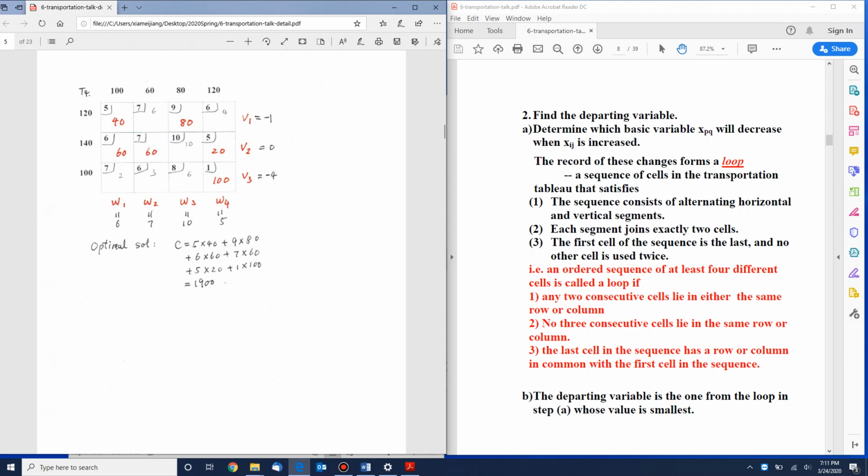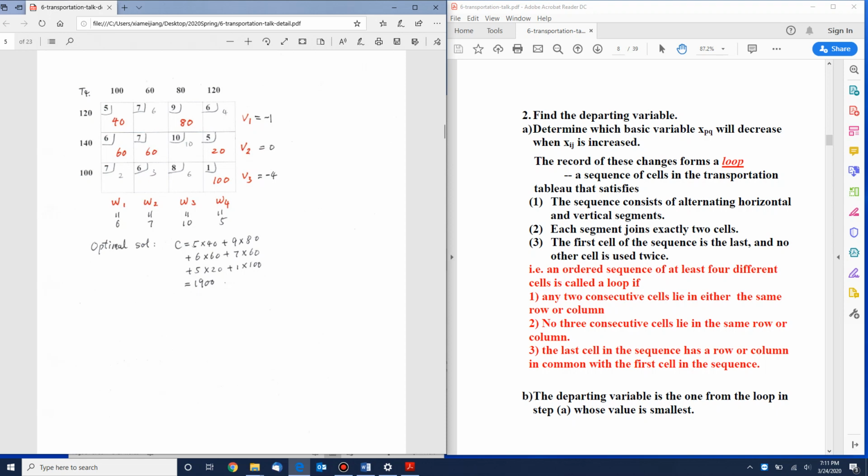When we work on this one, you could see that V2 appears the most. So we set V2 equals 0, that gives us W1 equals 6, W2 equals 7, and W4 equals 5. And with this, we can easily decide that V1 equals minus 1, V3 equals minus 4.